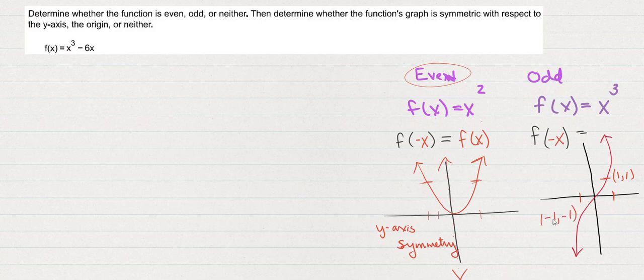I get the opposite of f of x. So f of the opposite of x is equal to the opposite of f of x. And we can see this with the x cubed function.